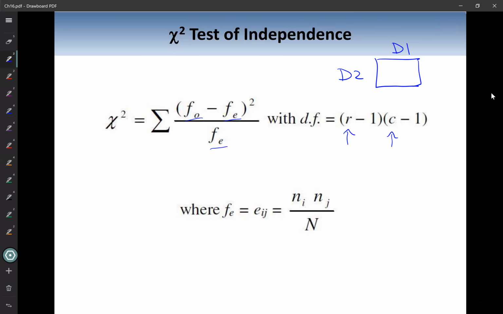The expected count is calculated with this formula: E subscript ij, where i is the row and j is the column. You take the total for that cell's row, multiply it by the total for that cell's column, divided by n, the total number of counts in the entire contingency table.